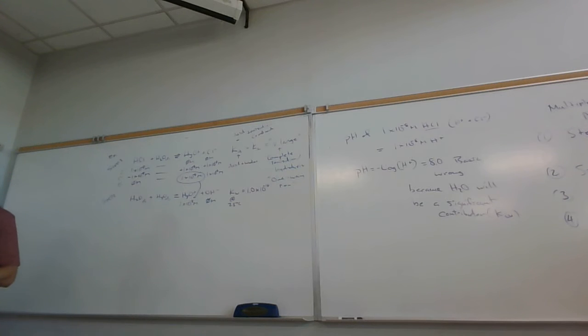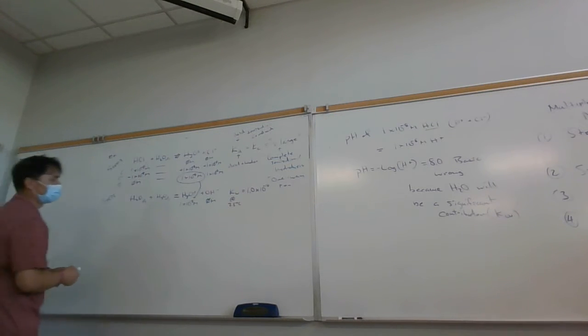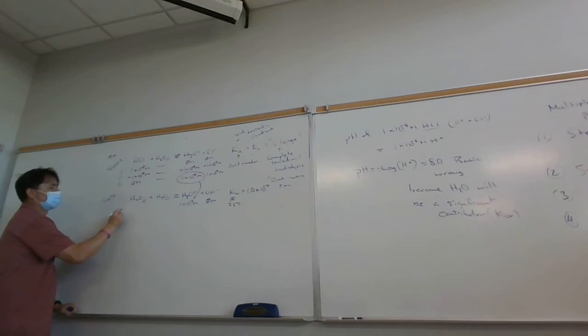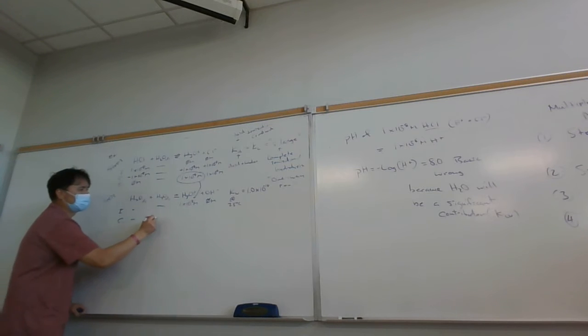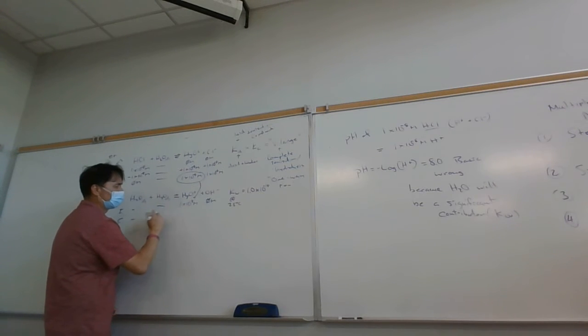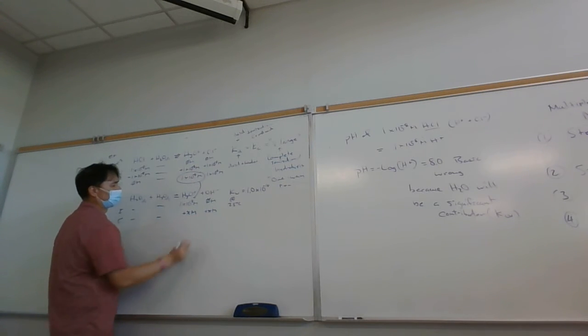There are two choices that we can do here. We can say that the water has already reacted with one another, that's going to form 10 to the minus 7 molar and 10 to the minus 7 molar, and then add this. But the problem with doing that is it makes the calculation more difficult. So the best thing to do is reset it like this. If we reset it, it'll make the calculation a lot easier. That is, we reset it to the left. We assume nothing's happened, and then we add plus X molar here.